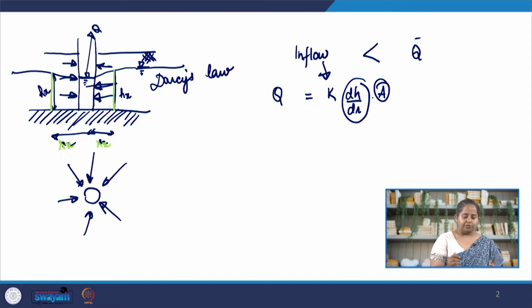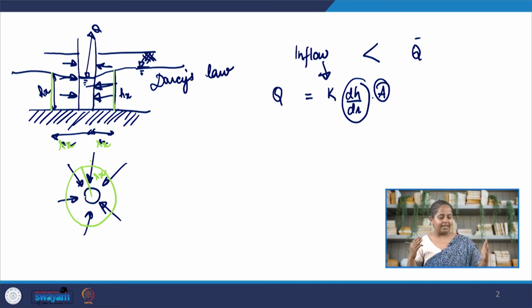From the view that we are looking at the top graph, it looks like two vertical lines. From the top view, which is at the lower graph, if this inner circle is your well, this is Rx. So, distance Rx from the center of the well, this green circle here has the height Hx in the water table.